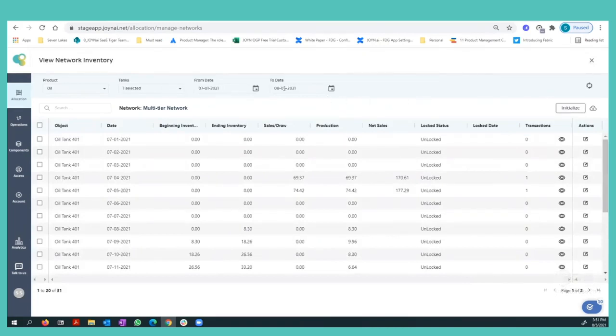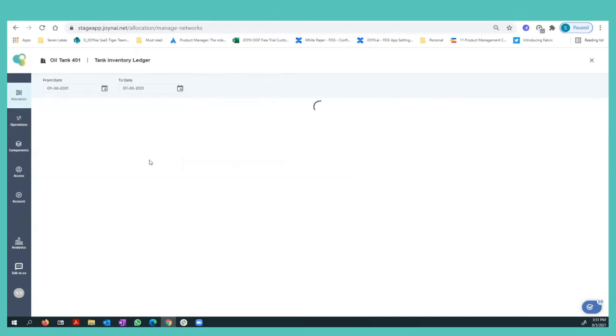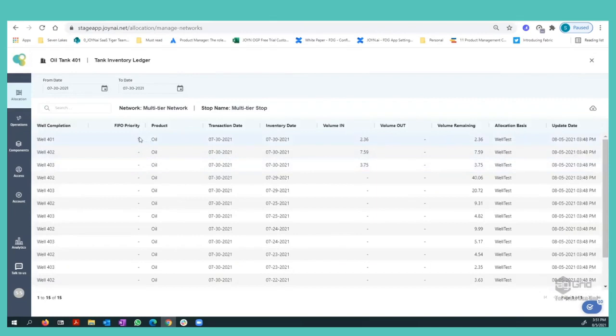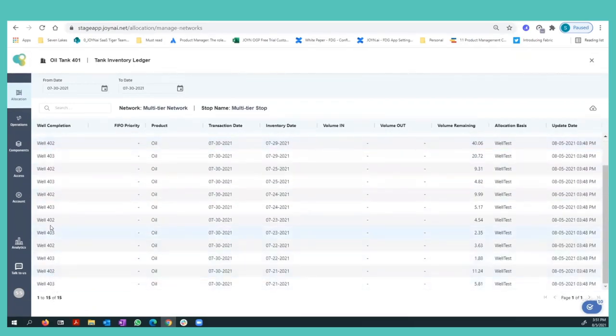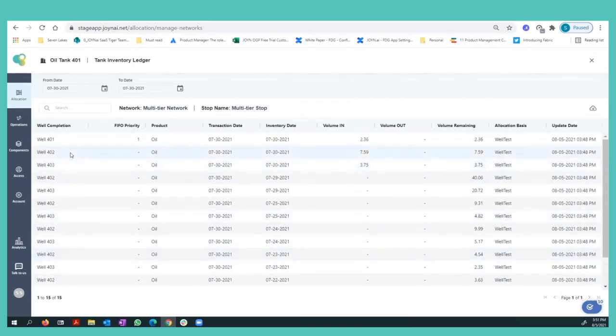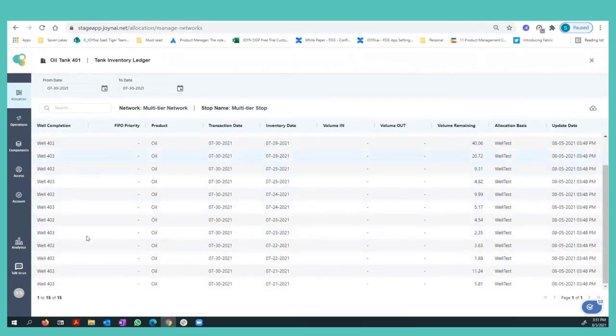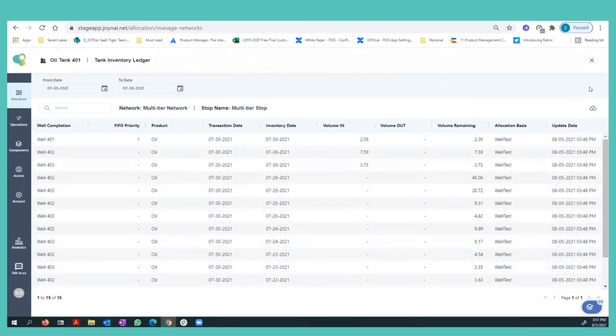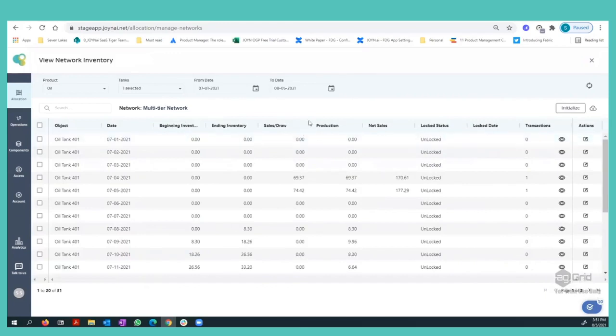And normally when you have a FIFO override, and you go and check the inventories of the subsequent date, you generally see that in a lot of cases, the inventory belonging to the previous day is absent for that well. So you don't have any previous inventories belonging to well 401, because on the 29th of July, all the inventory of 401 got drawn out, overriding the FIFO logic. So this is how it works for that well.